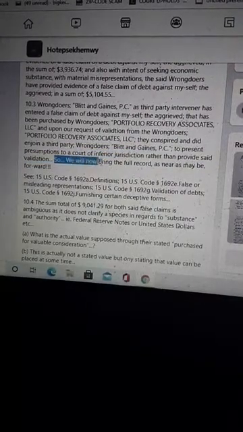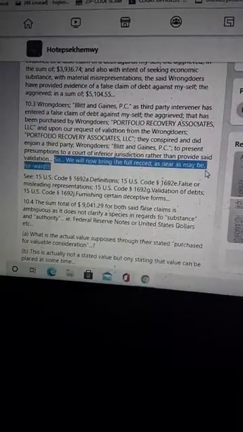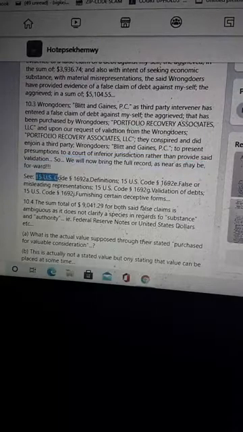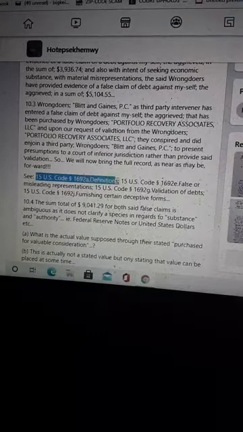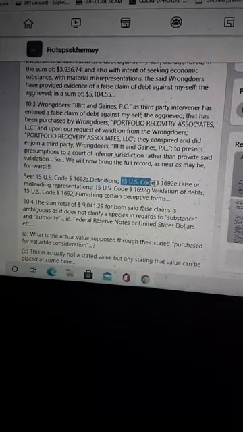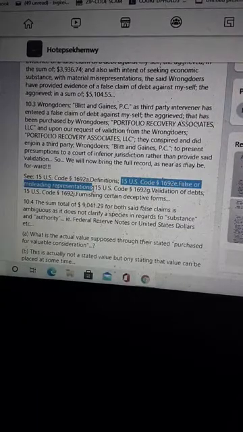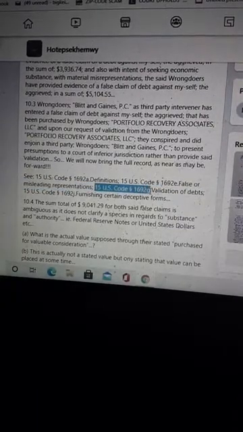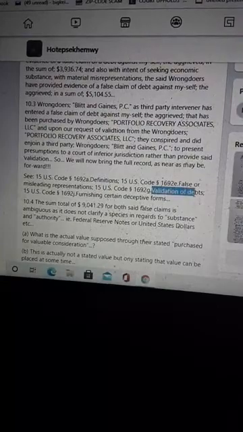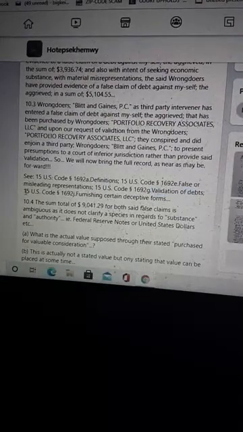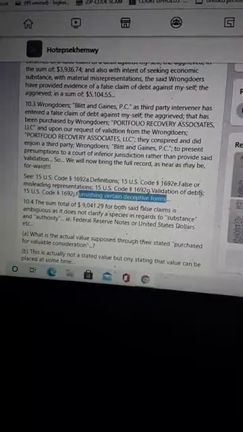So, we will now bring the full record as near as may be forward. See 15 U.S. Code 1692a definitions, 15 U.S.C. 1692e false or misleading representations, 15 U.S.C. 1692g validation of debts, 15 U.S.C. 1692j furnishing certain deceptive forms.